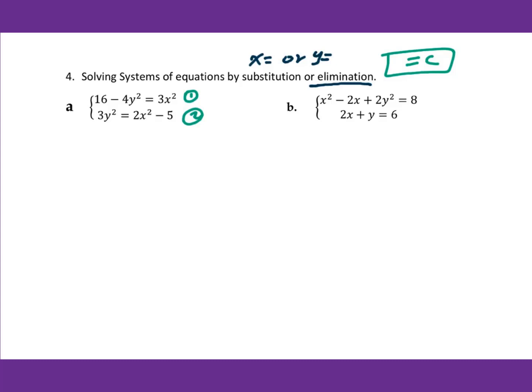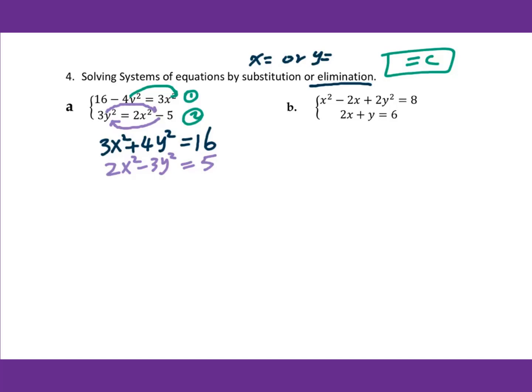For equation 1, you want to get equals constant format. Therefore, I got 3x squared plus 4y squared equals 16. For equation 2, I will move the 5 to the other side, so you get the positive 5: 2x squared minus 3y squared equals 5.